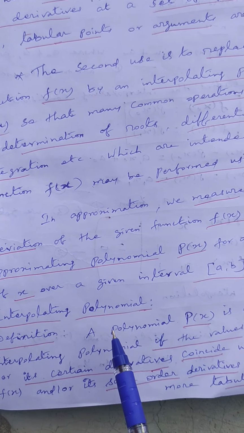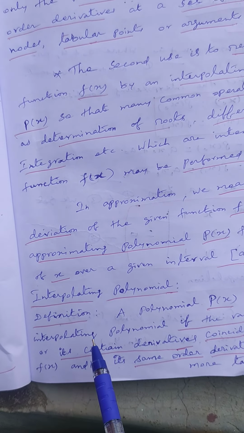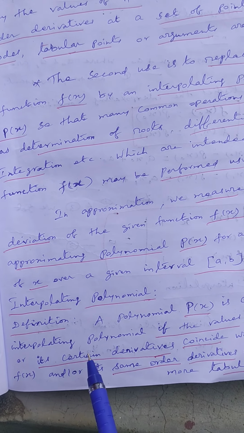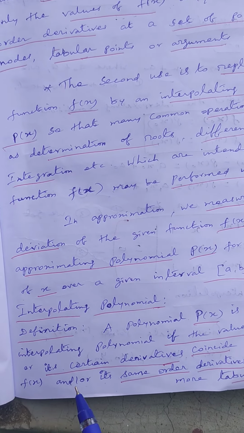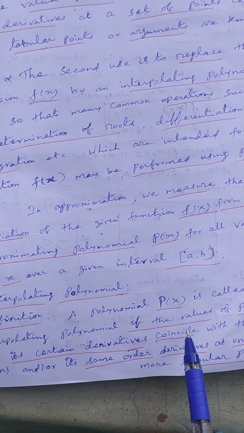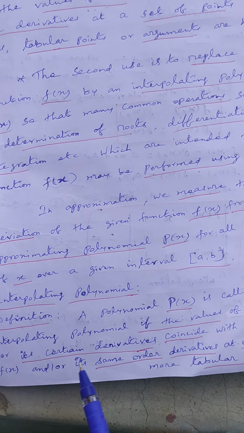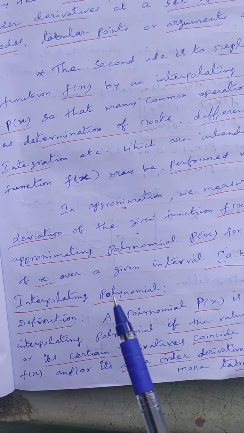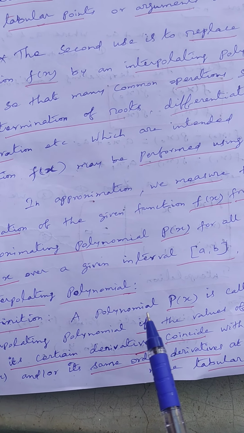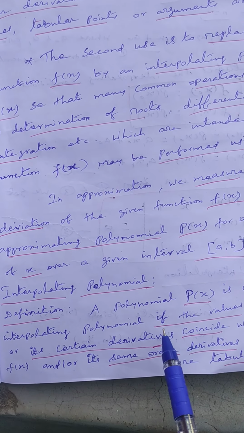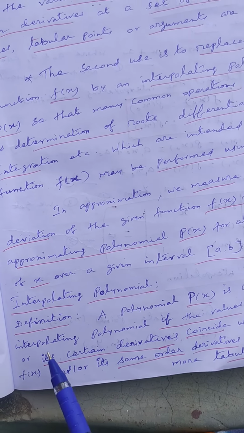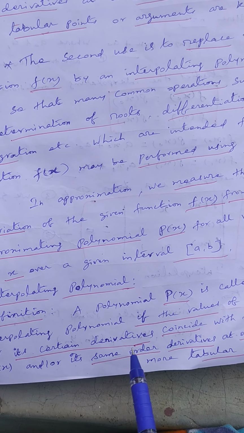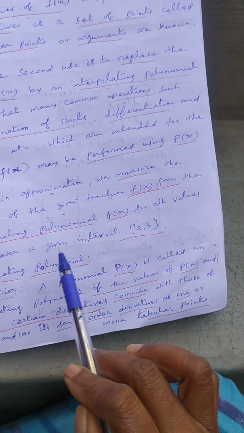Interpolating polynomial means a polynomial p(x) is called an interpolating polynomial if the values of p(x) and/or its certain derivatives coincide with those of f(x) and/or its same order derivatives at one or more tabular points.